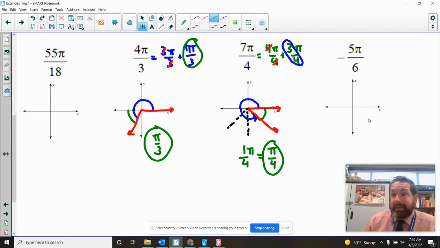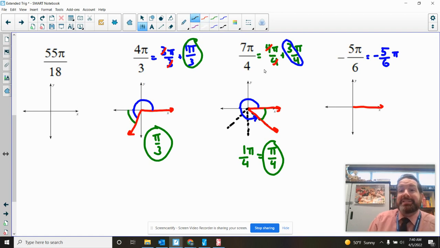Let's go again. Let's do this one next. When the angle's negative, nothing really changes. I want you to think of this as, so it's actually not a full half rotation yet. It's 5/6 of a half rotation. So starting over here, we're going in the negative direction.